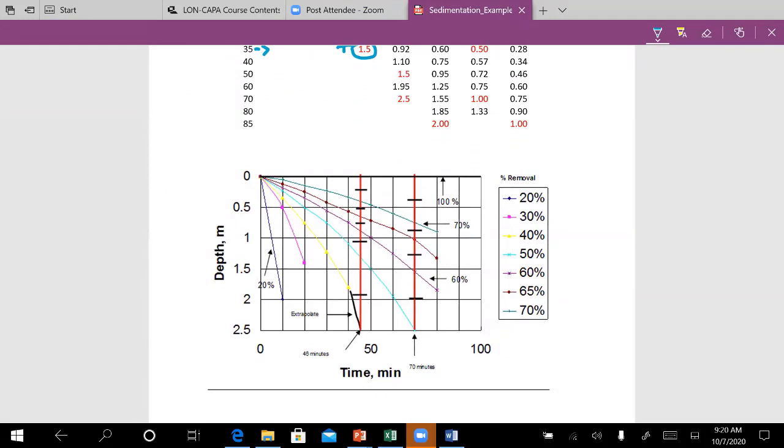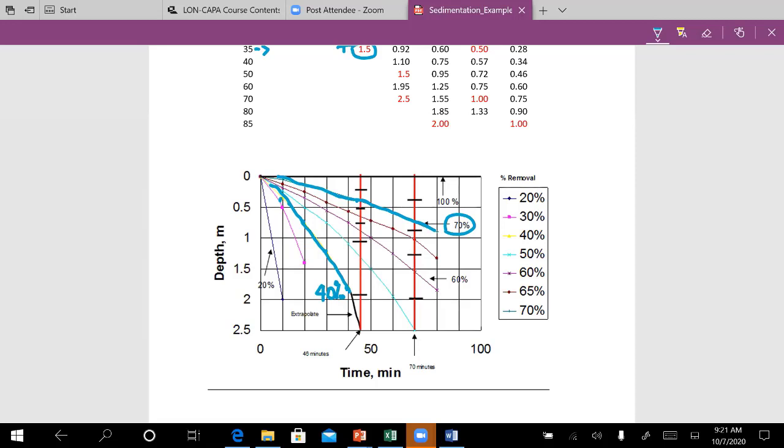We've plotted data here, and this is the iso-concentration line corresponding to 40%. We do this for each of the percentage lines. For instance, here is our 78% line. This is 70%. Does this make sense so far? Yes? No? Okay.